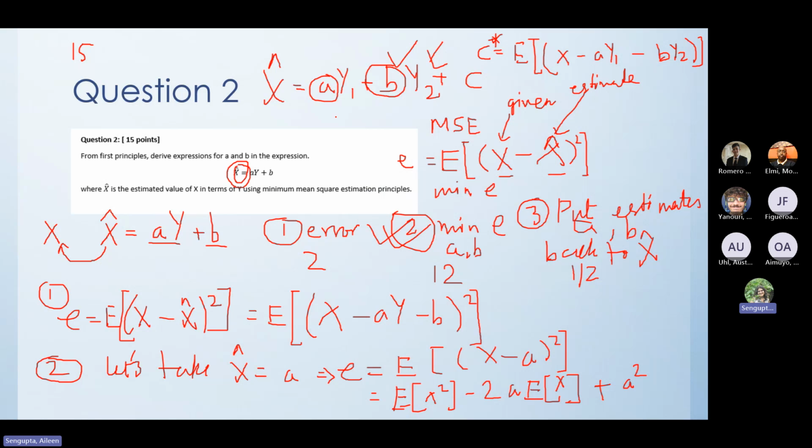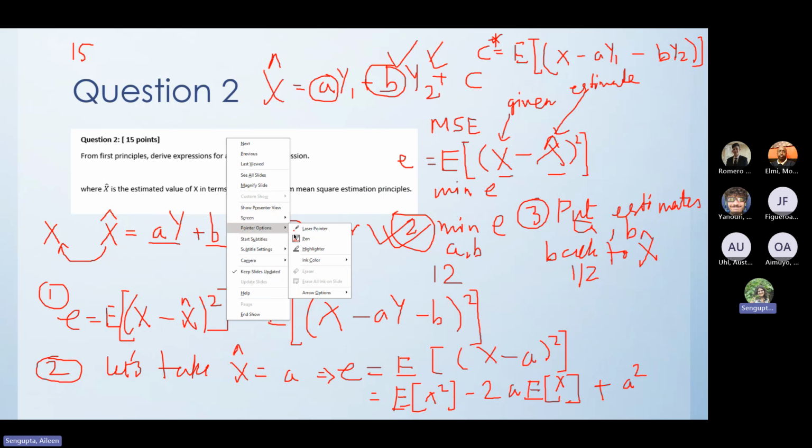You're not told what type of expressions of A and B, whether optimal or what. And then estimate, where x hat is an estimated value of x, using the minimum mean square estimate principle. So these steps break down how you are going to tackle the problem. And once you find the error, that's 2 or 3 points.